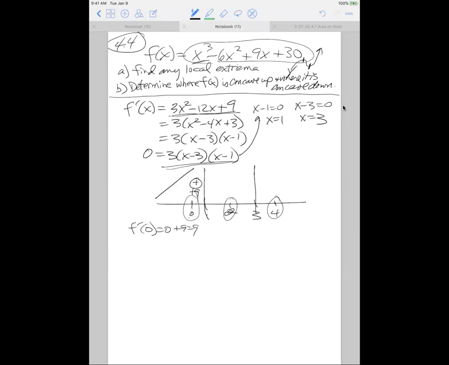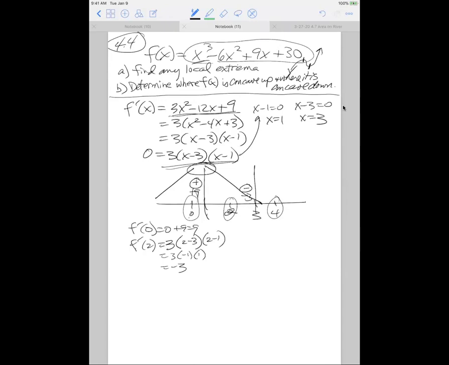And if you look at 2, you end up with f prime of 2 equals what? I'm going to break this down into the factored form here, and I end up with 3 times minus 1 times 1. That looks like minus 3, which means it's looking like this.